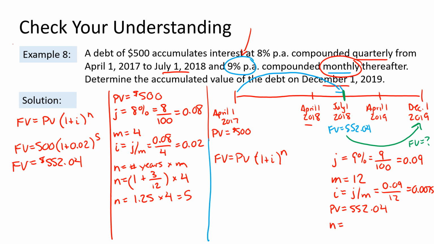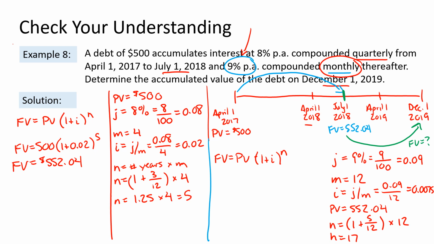And then we're going from July to August, September, October, November, and December. So that's 5 months. So our value of n is 1 year plus those additional 5 months, converting them to years by dividing by 12, and then multiplying by our number of compounding periods per year, which is 12. Multiplying that out, we get a value of n of 17.